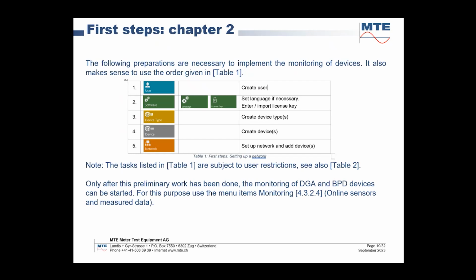From the device, you can attach a device type. As I have written, only after this preliminary work has been done can the monitoring of DGA and BPD devices be started. From my point of view, that's the main slide we must explain to our customers so they can easily use our software.